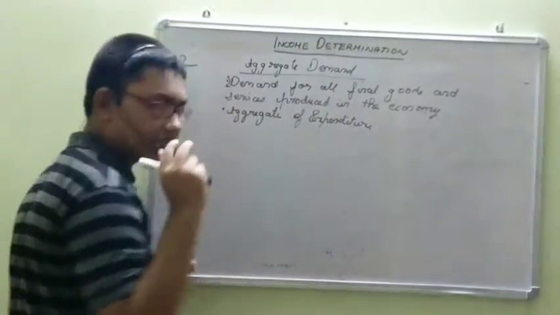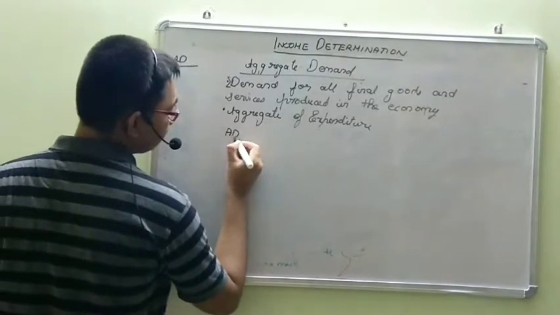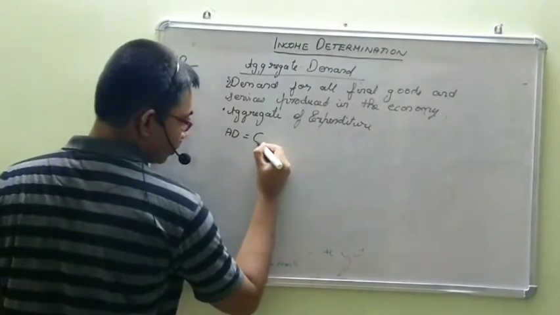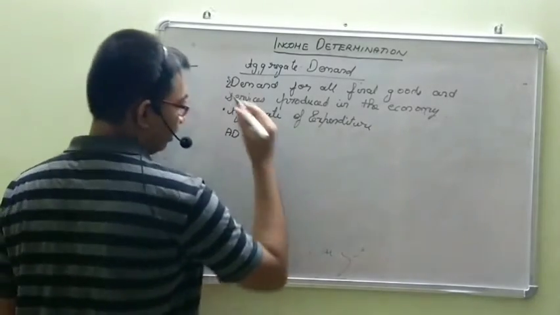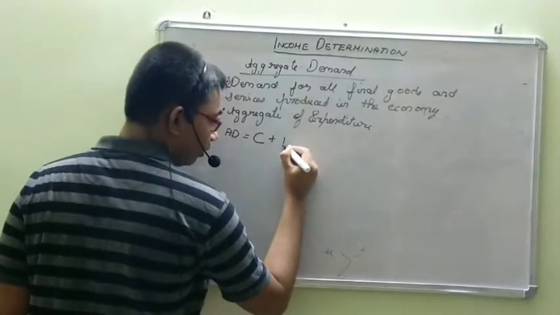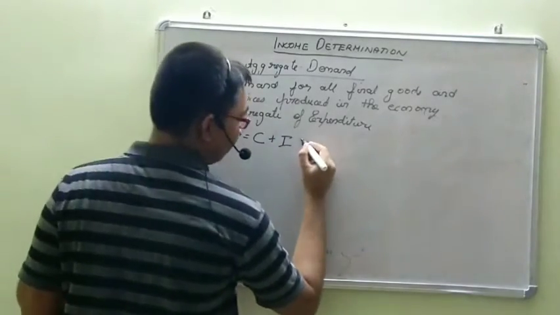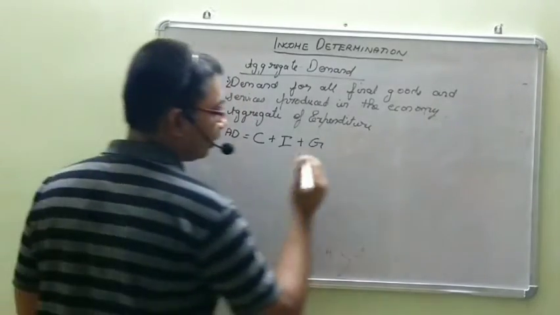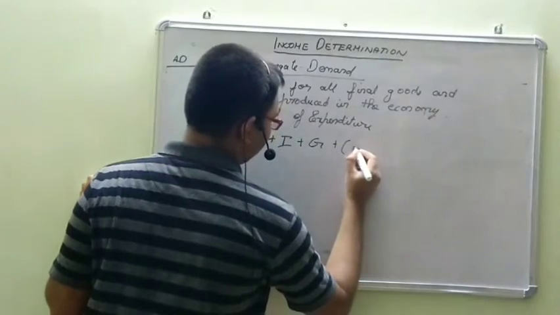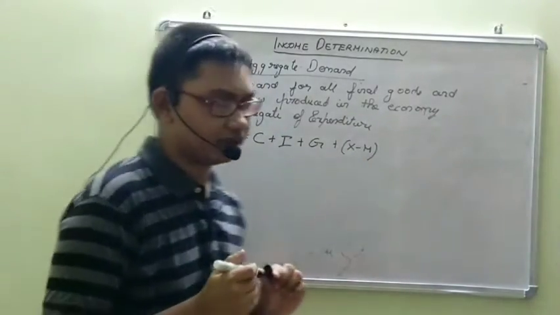Here also it's the same thing. However, aggregate demand is equal to C, private final consumption expenditure, plus I, investment, gross domestic capital formation, plus G, government final consumption expenditure, plus X minus M, net exports. It's almost the same thing, right?